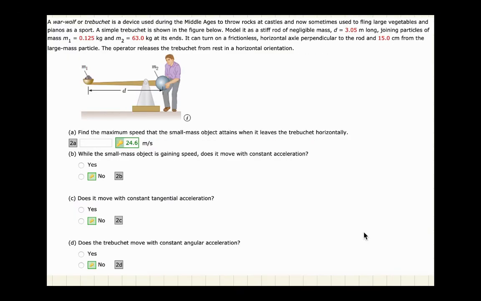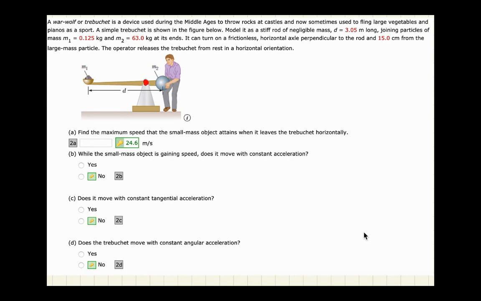Moving forward to the next question here, we have a trebuchet. And trebuchets are awesome physics problems. They also are really kind of awesome medieval siege weapons. What we're given in this case is a trebuchet where the point of rotation is defined as this fulcrum right here.